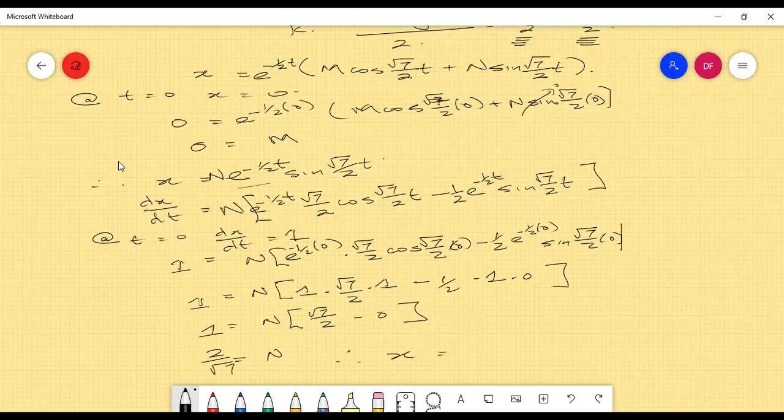You just said something about changing dx by dt. Yeah, changing the initial condition, so as not to trivialize the solution. So the speed is 1 at that time. I just changed dx by dt to equal 1. Because if I let it be equal to 0, we're going to trivialize the solution.